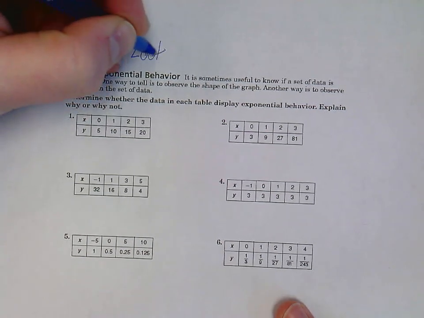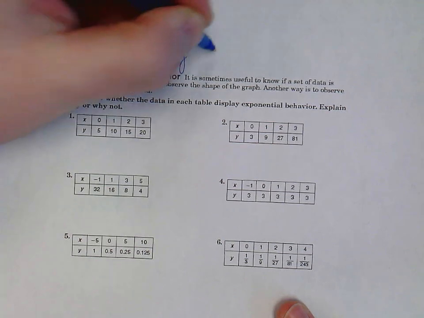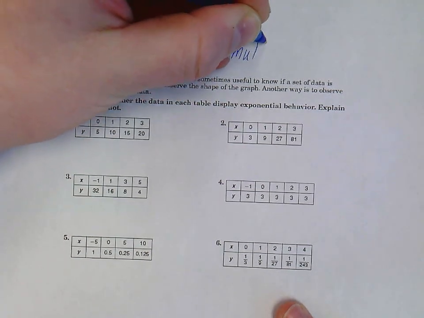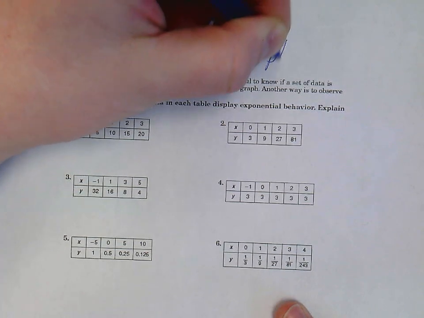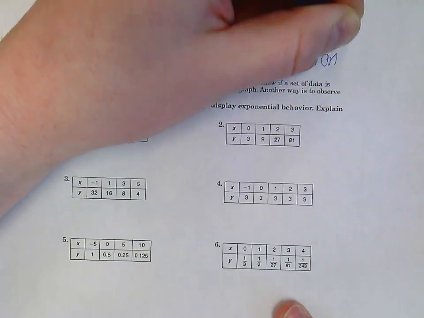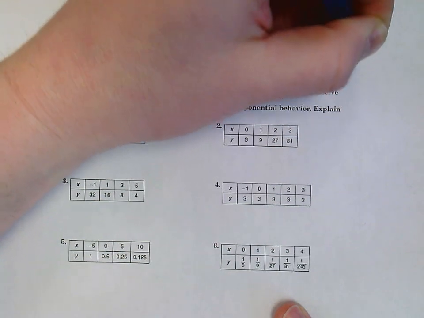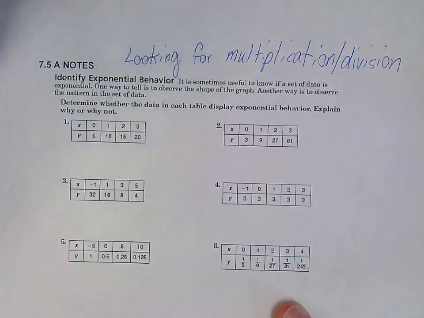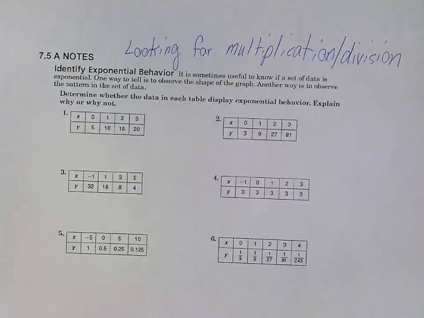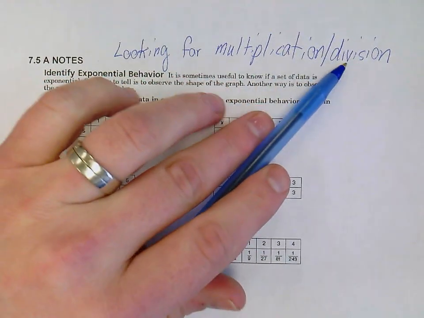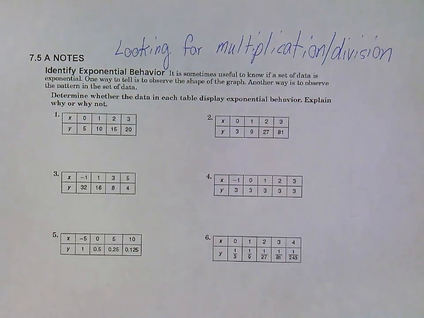We're looking for multiplication or division every time, right? And we could just say the word multiplication because we could think of our division as just multiplying by a fraction, right?